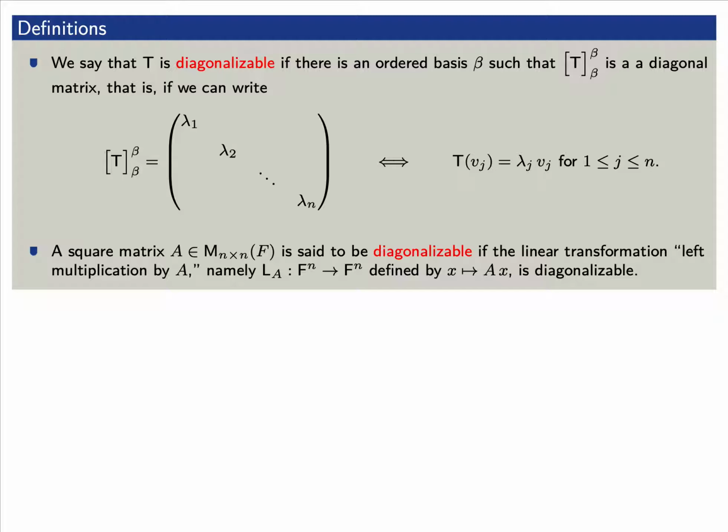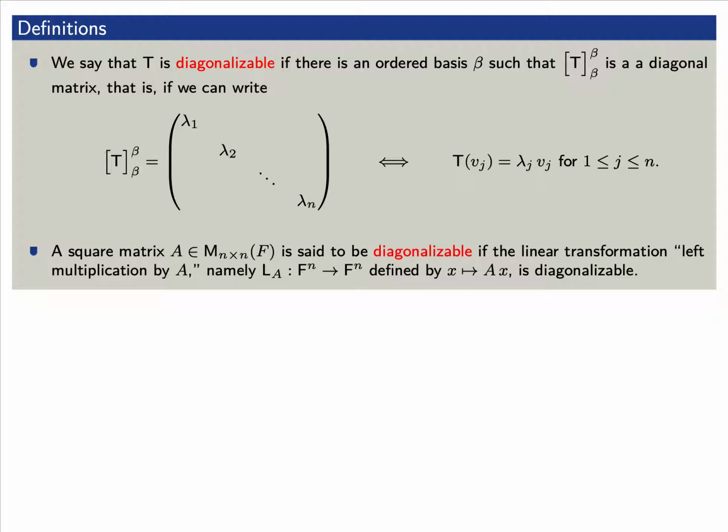That is, if we can write the matrix representation with lambda 1, lambda 2, and so on, through lambda n along the main diagonal. This is equivalent to saying that we can find a basis beta consisting of the vectors v1, v2 through v sub n, such that T applied to each v sub j is a scalar multiple, lambda j, times v sub j.